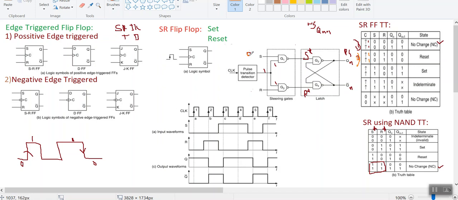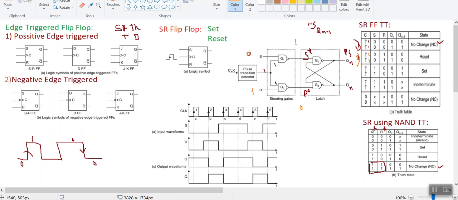So for G1, 0 into 1 is 0 and its complement is 1. Now for the G2 NAND gate, 1 into 1 is 1 and the complement value is 0.